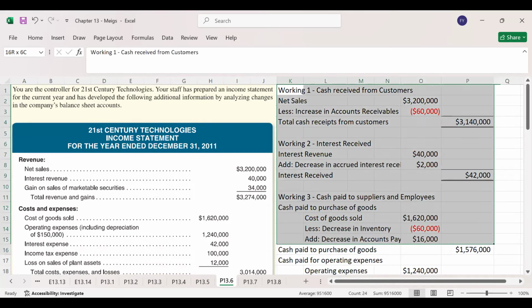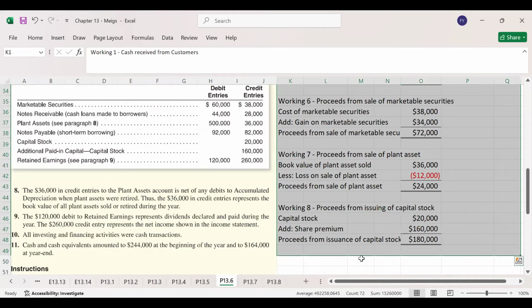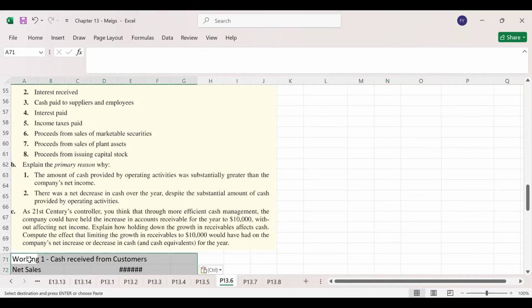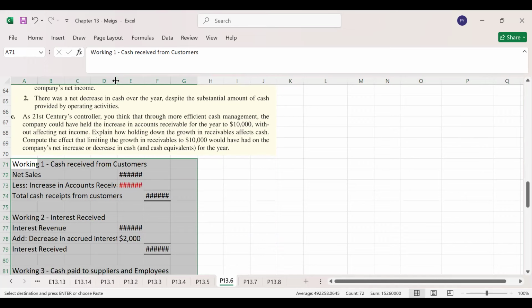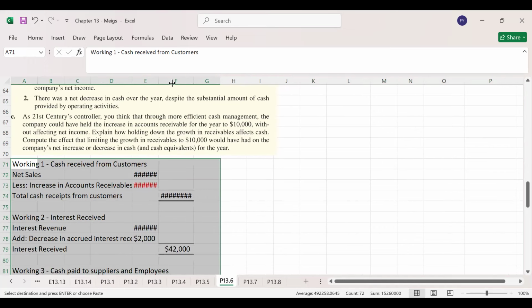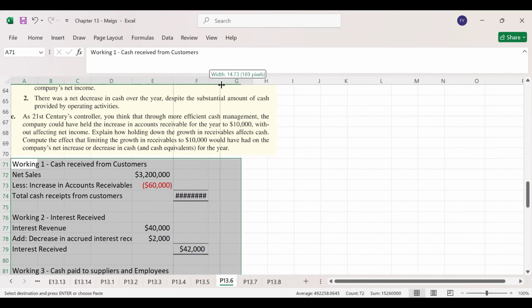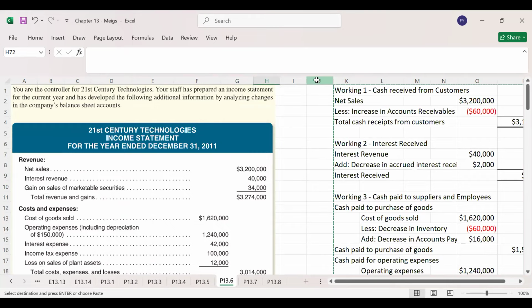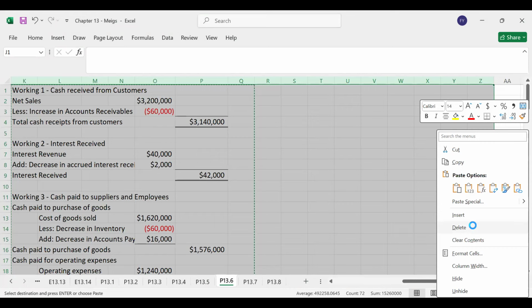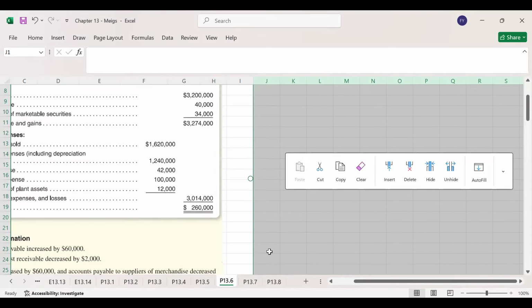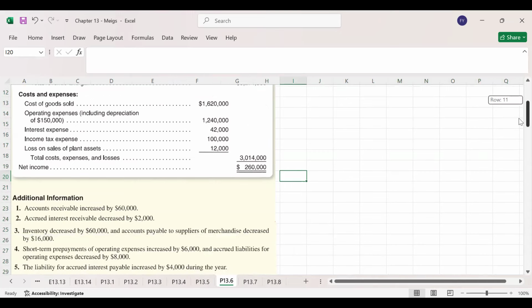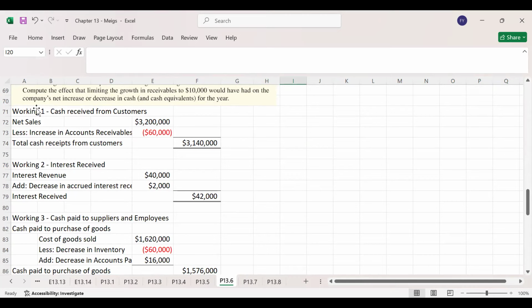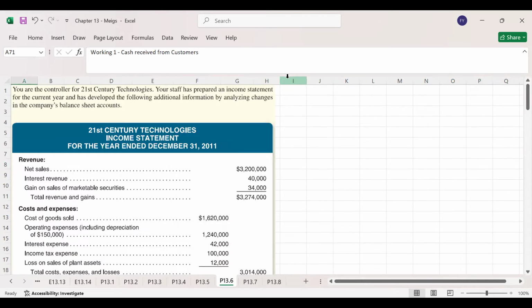So we are moving these workings here, and we are going to prepare the cash flow statement.